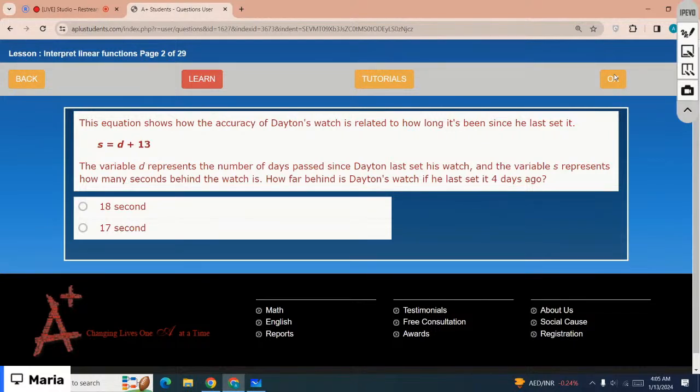So just replace the value in the equation. So S equals 13 plus 4, and 13 plus 4 equals 17. That means the watch is behind 17 seconds after 4 days. Got it? The correct option is 17.